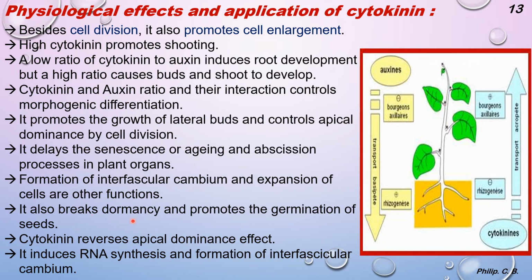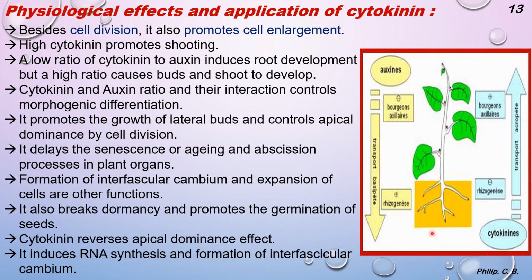It also breaks dormancy and promotes the germination of seeds. Now, like auxin and gibberellin, even cytokinin helps to break dormancy and promotes germination. Cytokinin reverses apical dominance effect. It induces RNA synthesis and formation of interfascicular cambium.